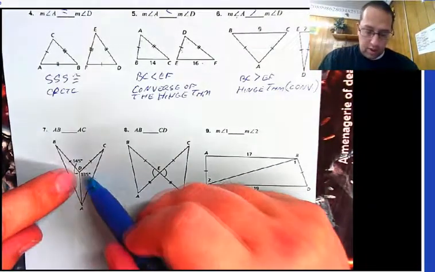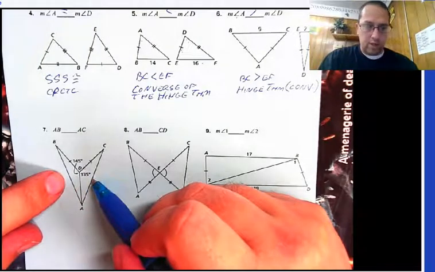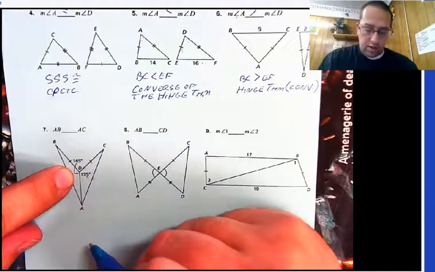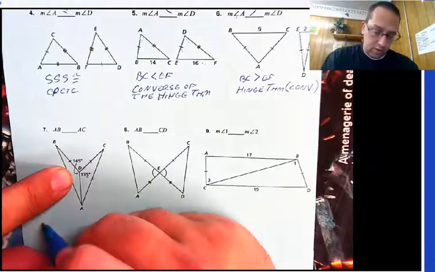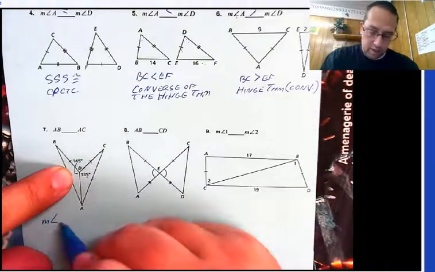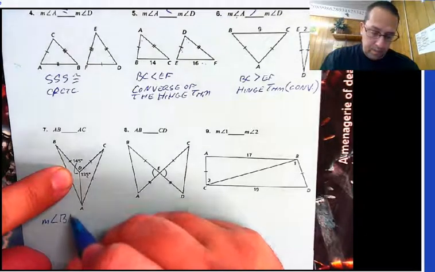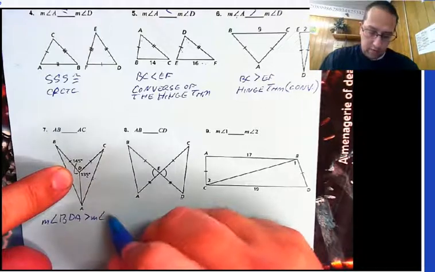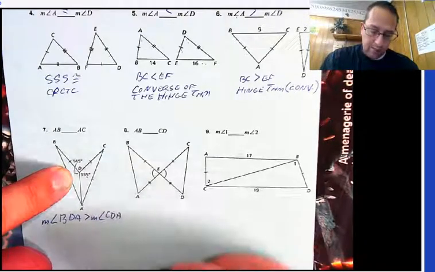Now we look at the angle opposite the two sides we're looking at. 145 degrees is greater than 135 degrees. So the measure of angle BDA is greater than the measure of angle CDA.